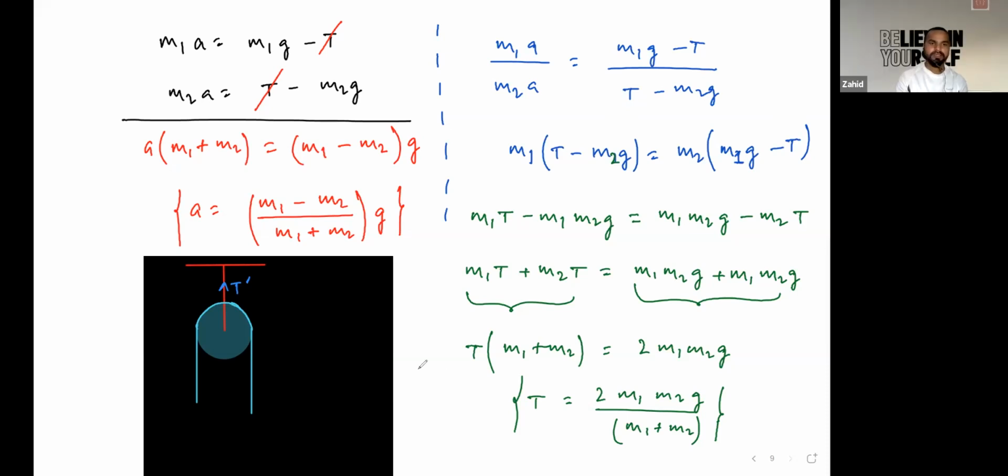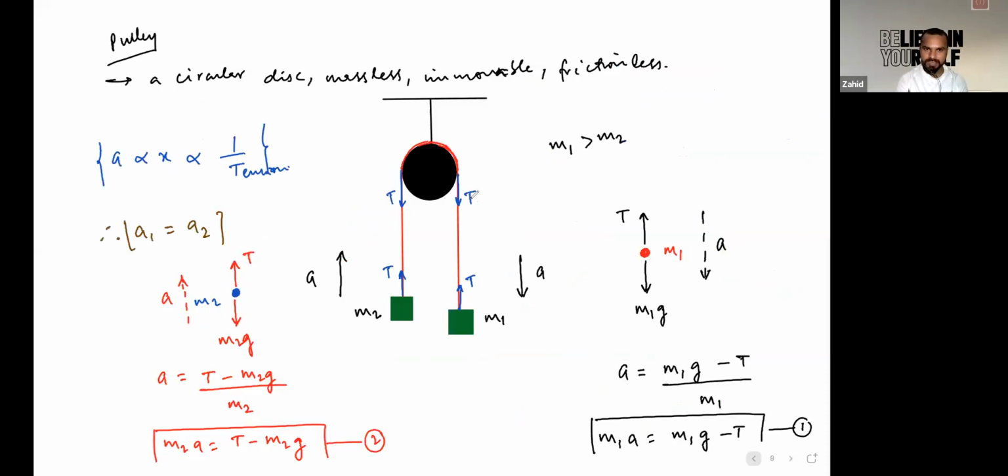Now, if I ask you to find this particular tension T dash in this entire problem, so how to calculate this? In this last problem, we have T and T at this point. So from this, we have to calculate this tension T dash.